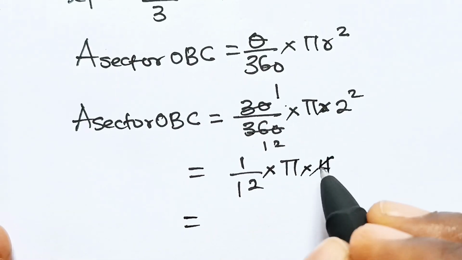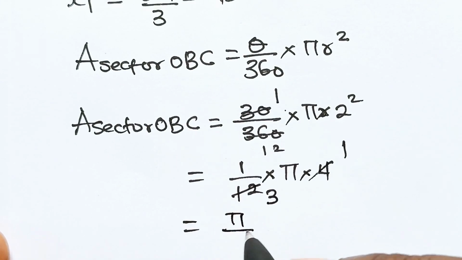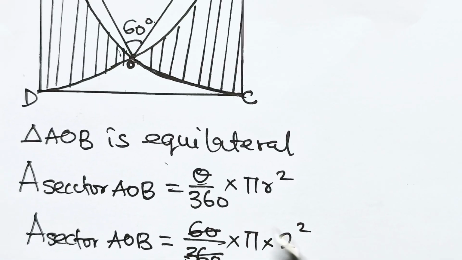This will divide itself, 1 divide 4 to give 3, so we have pi over 3. That is the area of sector OBC.